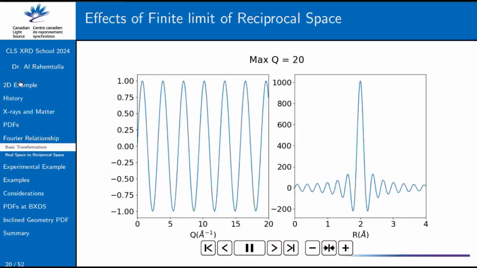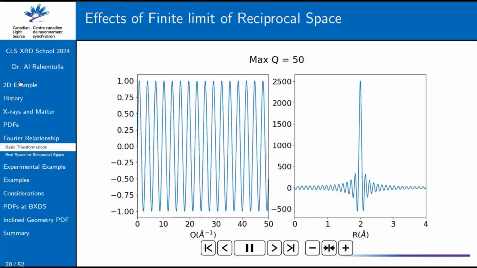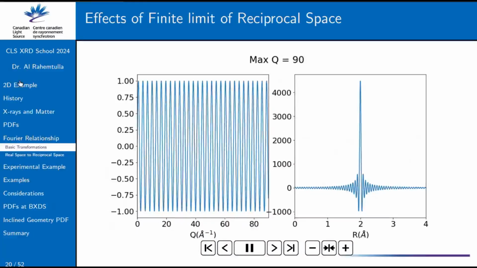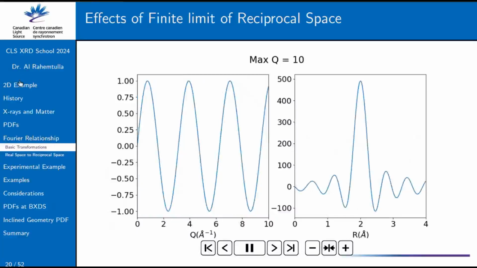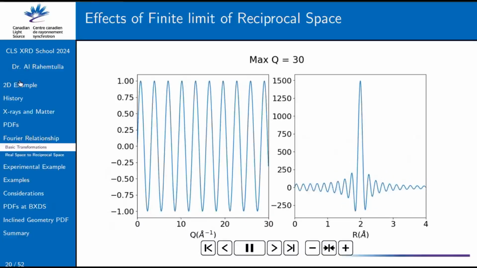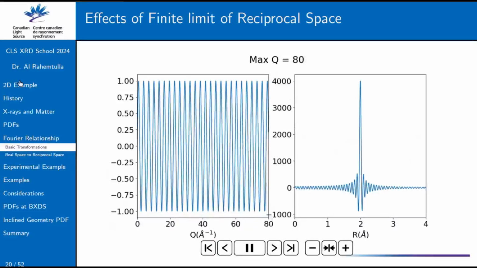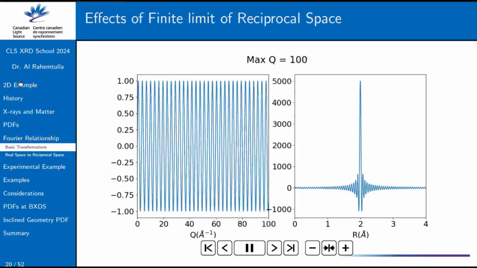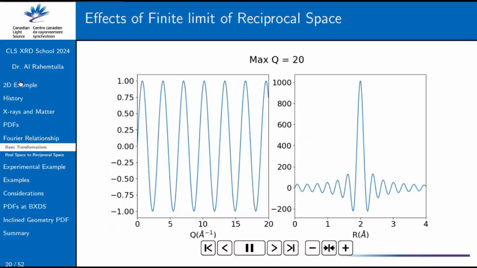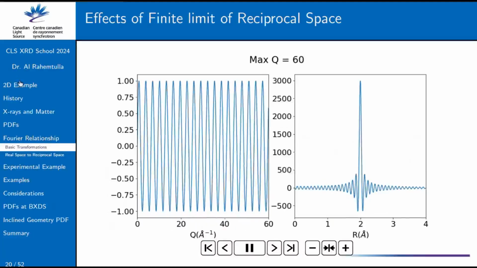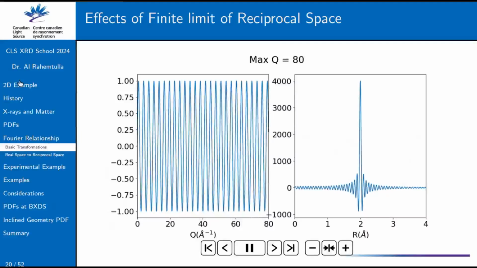So you can see here that the convolution you get gets really bad. It would be similar to the very first PDFs that you do, where the amount of noise you get from terminating out and losing a lot of your higher signal would just wash out a lot of things. You might be able to pull out something basic.